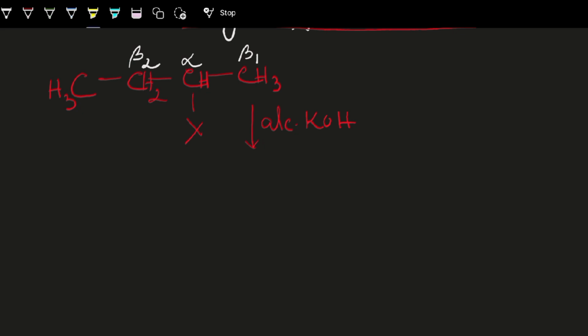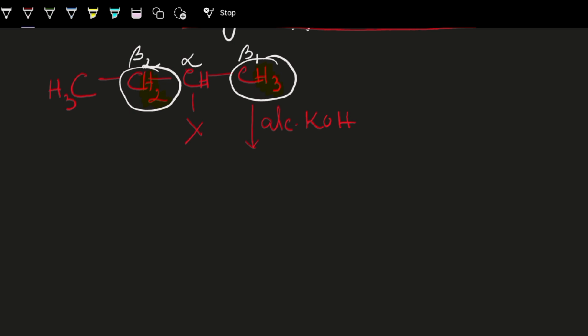So the types of beta hydrogen are one from beta 1 and the other from beta 2. Beta 1 carbon having 3 hydrogen, that is one type. Beta 2 carbon having 2 hydrogen, that is another type. Now let us see how we can draw the products.